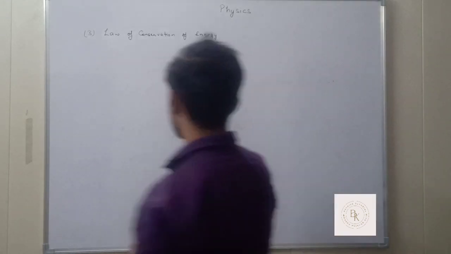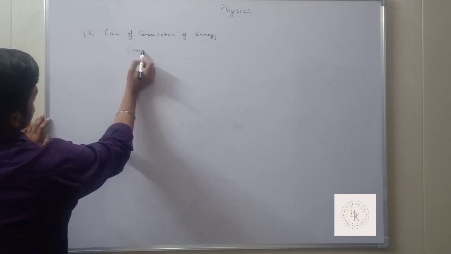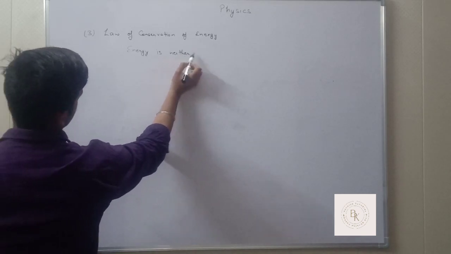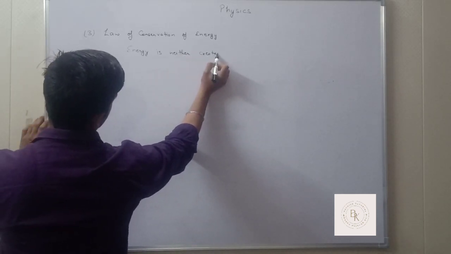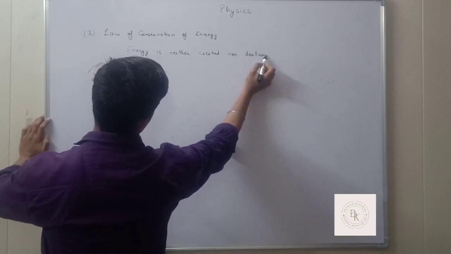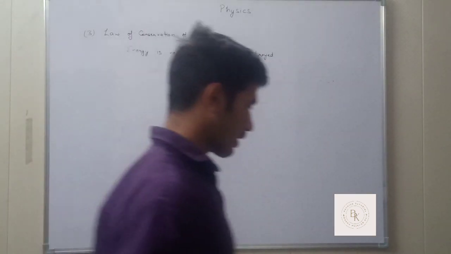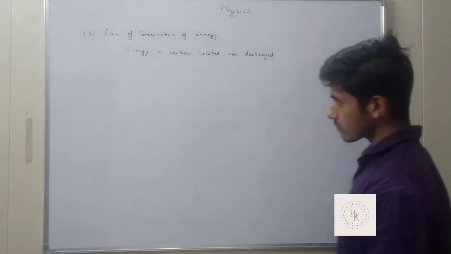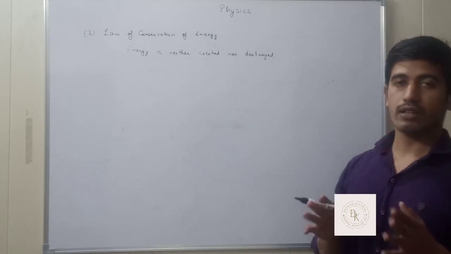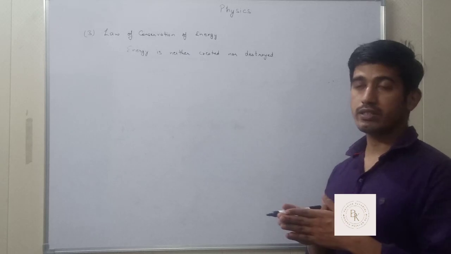So the law of conservation of energy says that energy is neither created nor destroyed. There is a contradiction to this statement when we study Einstein's mass-energy equivalence relationship, in which we see that energy and mass are interconvertible.